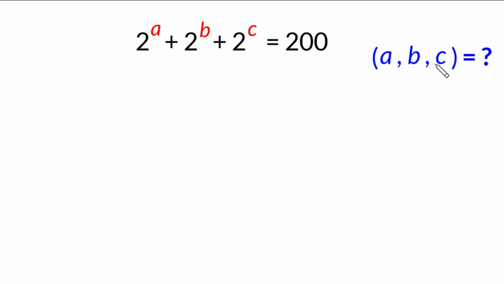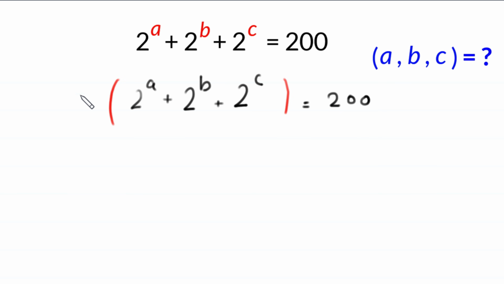So let's start. First we multiply and divide this expression by 2 to the power a. The equation is 2 to the power a plus 2 to the power b plus 2 to the power c equal to 200. We multiply and divide this expression by 2 to the power a.